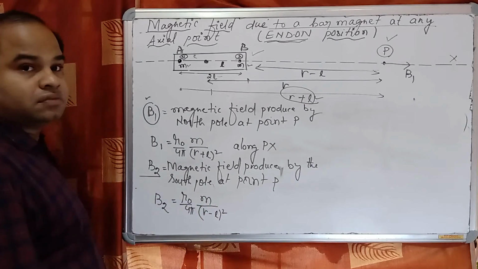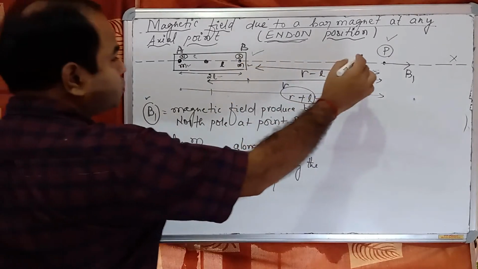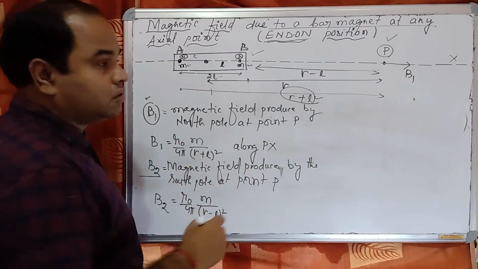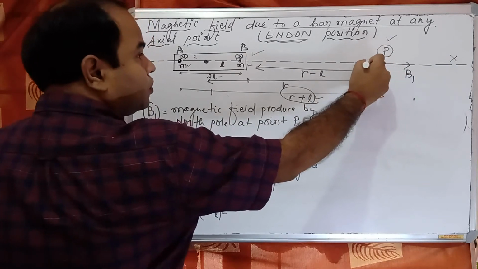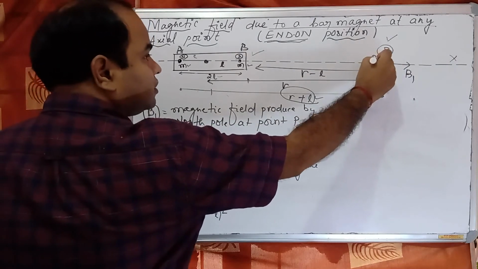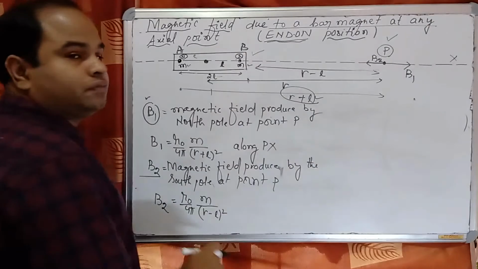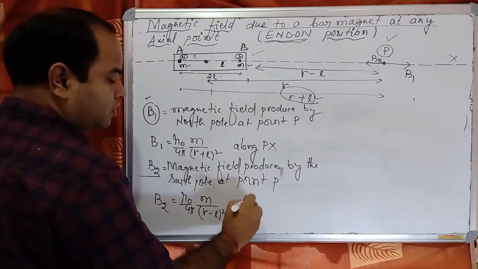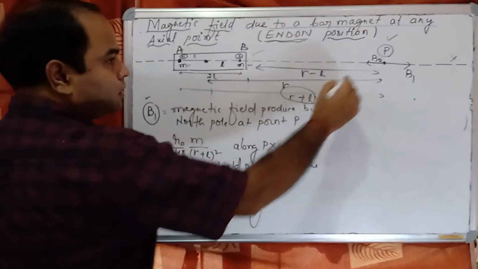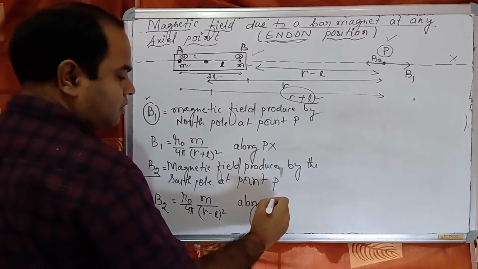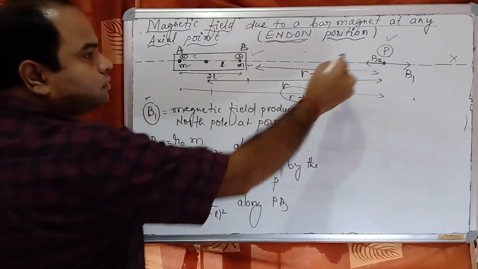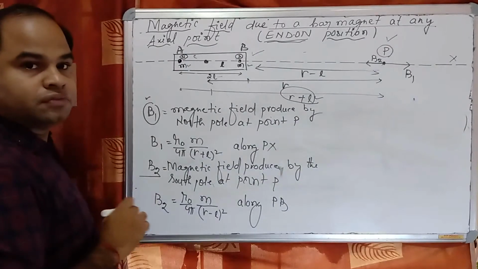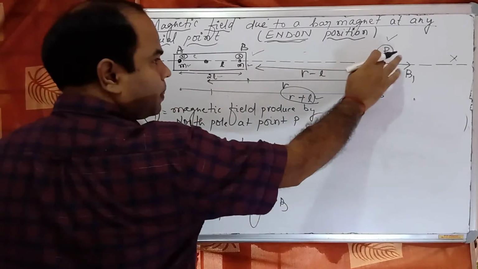What is the direction? The south pole produces a magnetic field that is inward in nature, so at point P the direction will be along PB, in this direction.